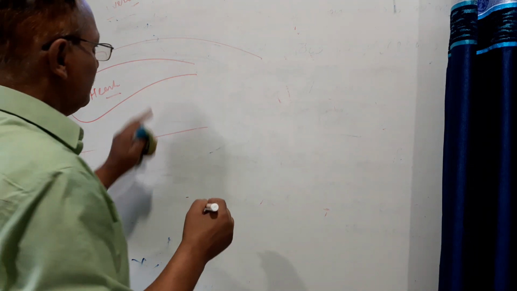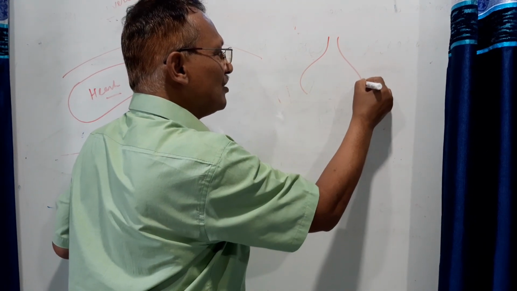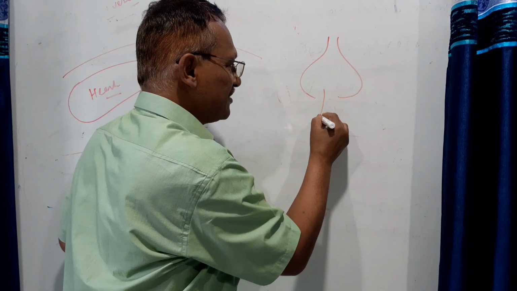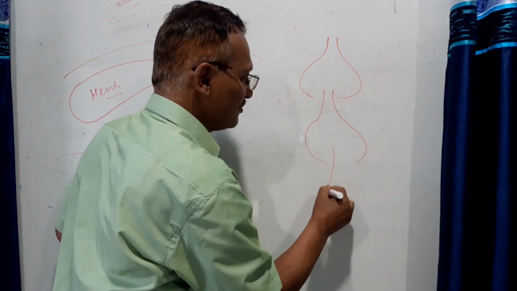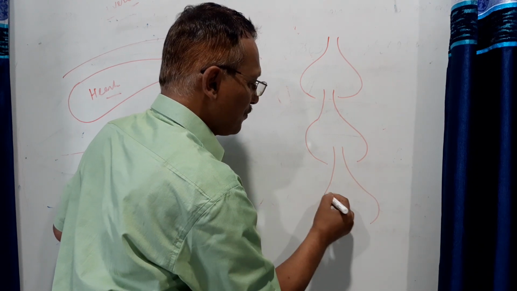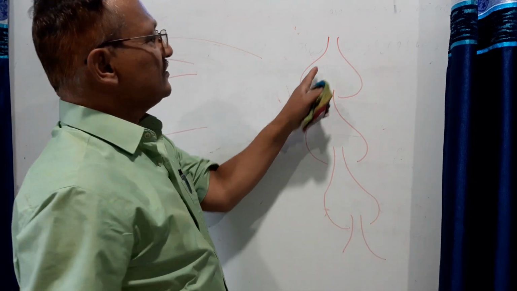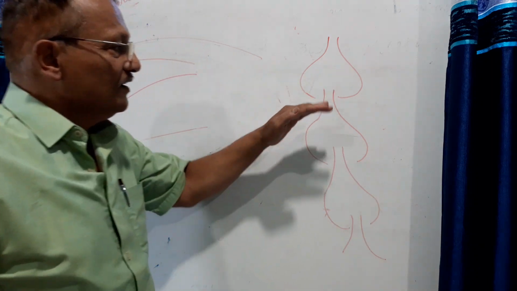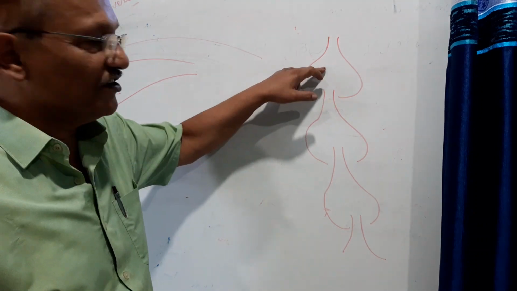You see, this heart is divided in a series of dilations and constrictions, just like this. Though it is a tube, it has some distinct regions: the constriction region and the dilation region.